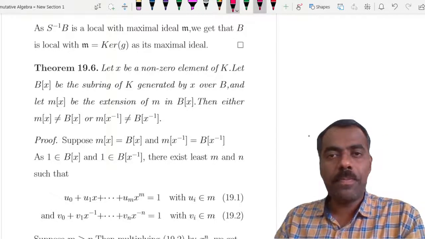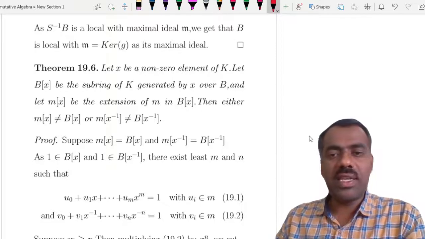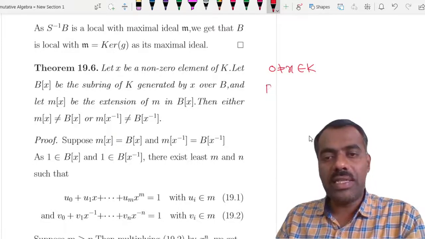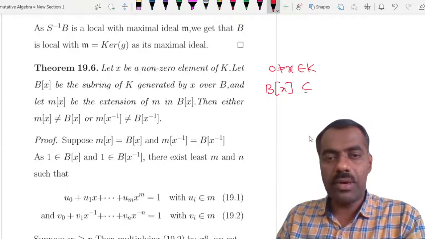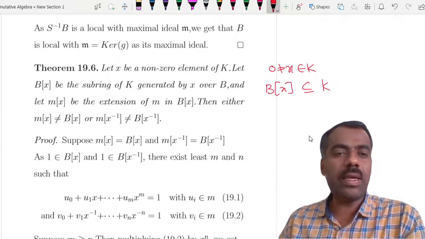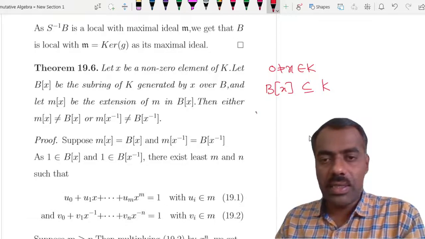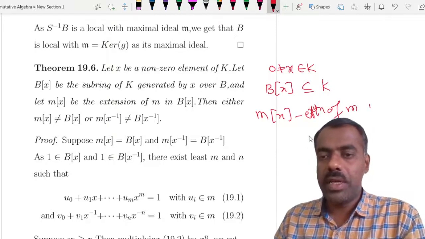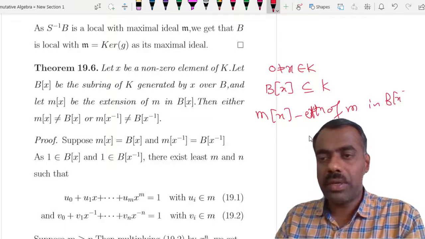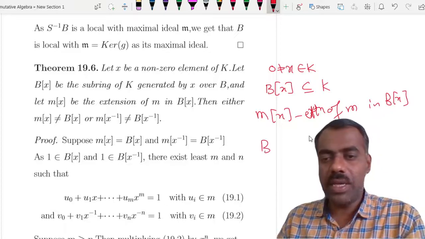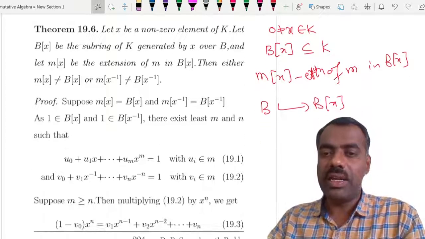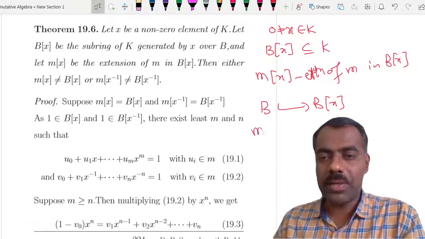Now, before going to the main result, we will have this important lemma, which says that if X is a non-zero element of K, and you consider B of X, the subring of K generated by X and B, and M of X, which is an extension of M in B of X. That means we have B to B of X, and we have M here, which is a maximal ideal.